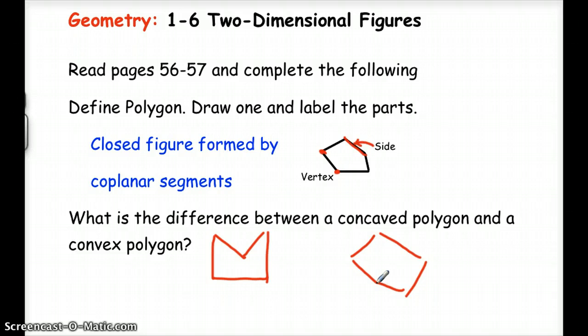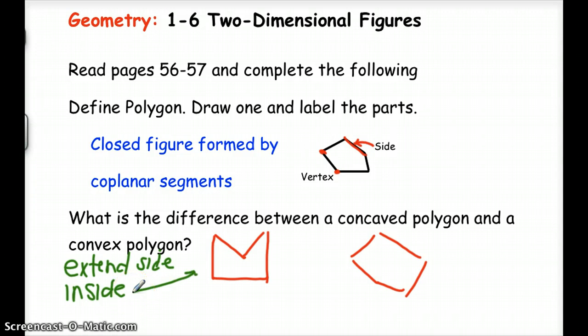Now, if you're unsure, what you could do is extend all of the sides, and if it goes inside, then it's concave. Let me show you what I'm talking about. If I extend this side, see how when I draw this line segment and extend it into a line, it's going inside the figure? So that's caved in.